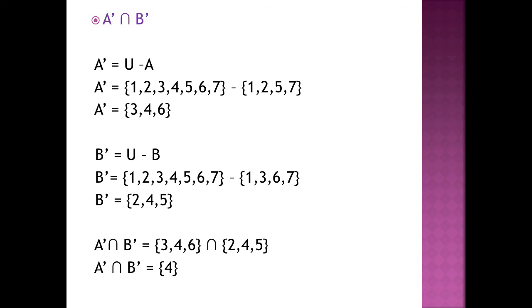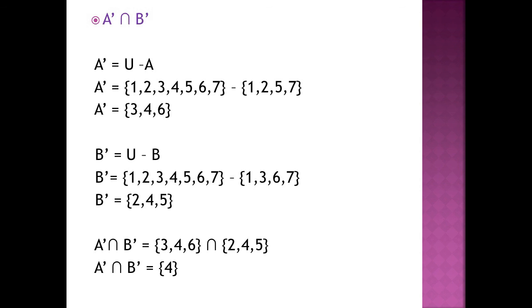B complement is equal to U minus B. B complement is equal to {1, 2, 3, 4, 5, 6, 7} minus B, which is equal to {1, 3, 6, 7}. What will we get? We will get after subtraction {2, 4, 5} because we have 1, 3, 6 and 7 in both of the brackets and they will be subtracted. B complement is equal to {2, 4, 5}.